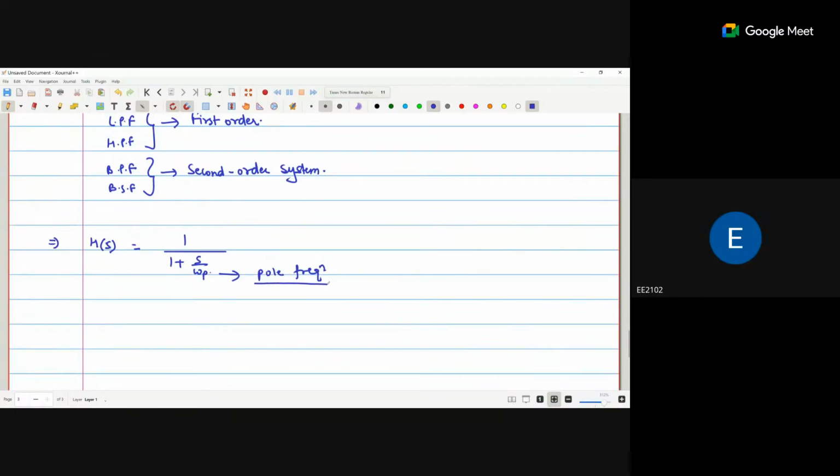Basically, pole frequency is where the transition starts.